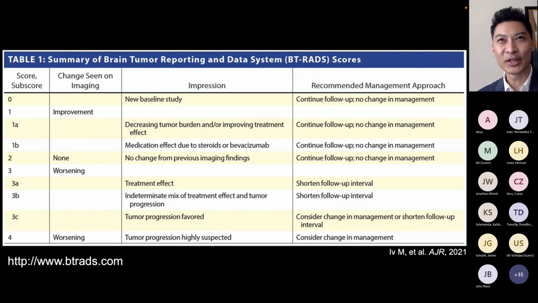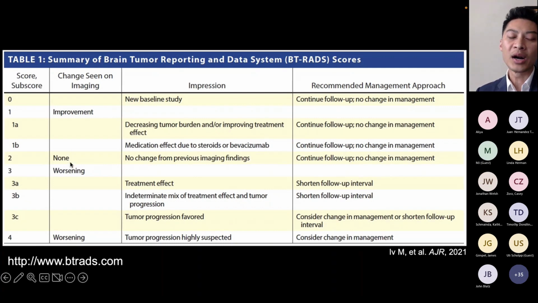And this is very similar to everything else in radiology where there's a RADS, like BI-RADS in mammography, LI-RADS, TI-RADS. There's so many different RADS. But essentially, and very briefly, there's a score of 0 to 4. 0 is baseline. 1 is your improvement in imaging findings. 2 is no change. 3 is worsening imaging findings. 4 is essentially the same, where it's worsening imaging findings, you're suspecting tumor.